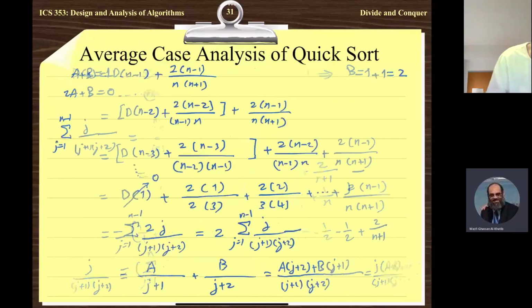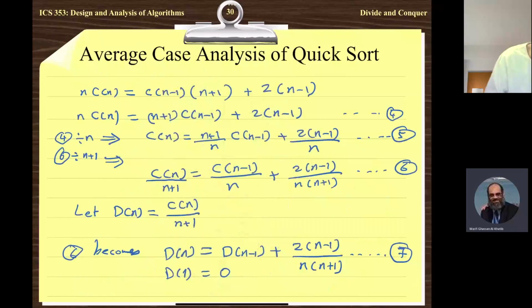Now, what do I want? I want cn, right? Now, what is cn? Well, dn was cn divided by n plus 1. It's basically this recurrence here. So I just need to multiply the value that I got for dn by n plus 1 to get cn, right?